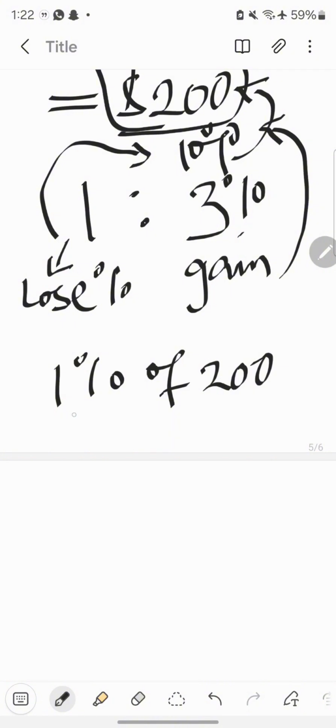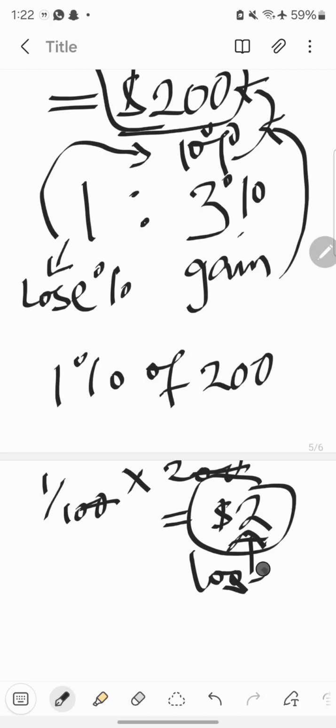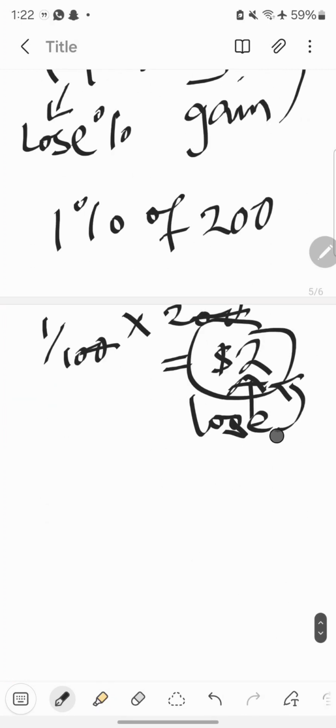So 1% of this should be 1/100 times 200. It should be $2. So if the trade goes against you, this is what you are going to lose. You are going to lose $2 if it goes against you.